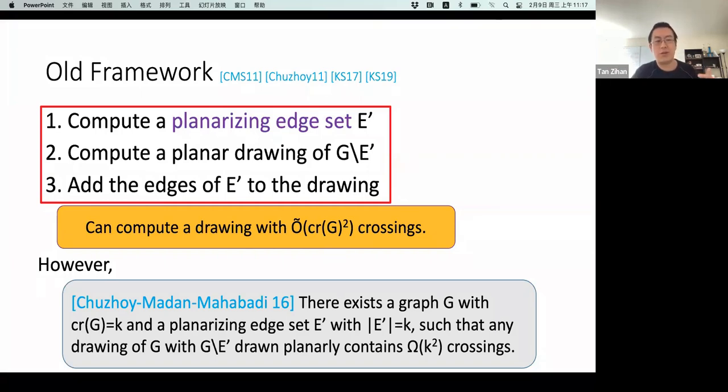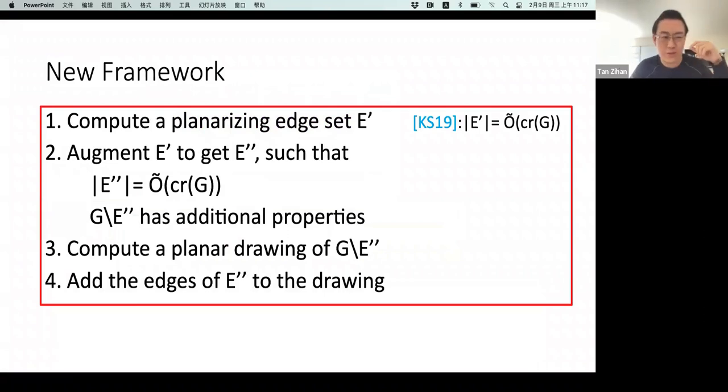So what we are doing is modifying this framework a little to get rid of this CR(G) squared bound. We propose a new framework. It's actually a modified version of the previous framework. It has 4 steps instead of 3, basically adding a second step. The first step is still the previous one, computing a planarizing edge set, and we are just using the Kawarabayashi-Sidiropoulos algorithm.